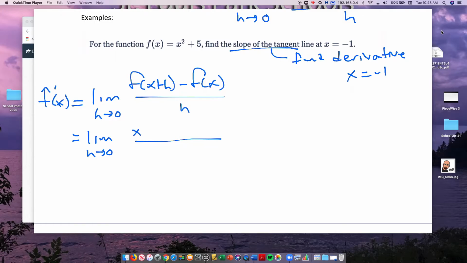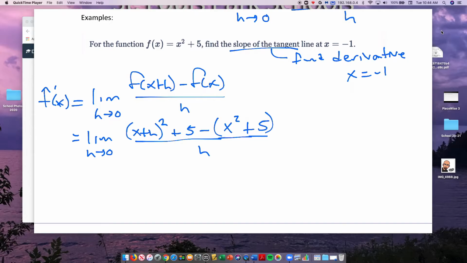So it'd be x plus h squared plus 5 minus, and you really need these parentheses. If you don't have those parentheses, you'll run into an issue with subtraction because you're really subtracting that whole other function, and then that's divided by h.